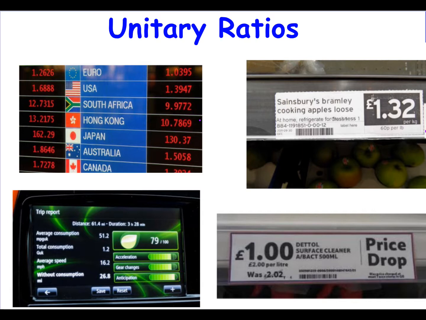Whenever you look at the labels for products, you have an amount per kilogram, £1.32 per kilogram. Somewhere that most of you should have seen is when you're driving a car, either miles per hour, so that's per 1 hour, or miles per gallon, so the gallons is the number 1.